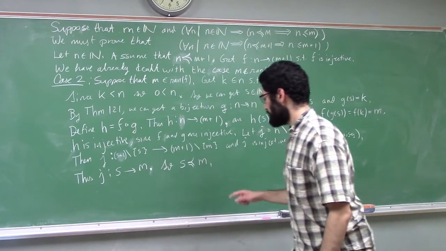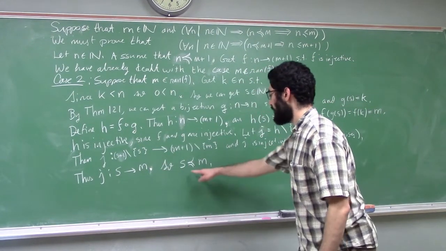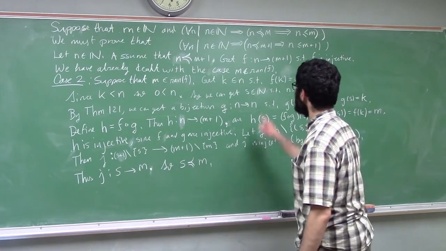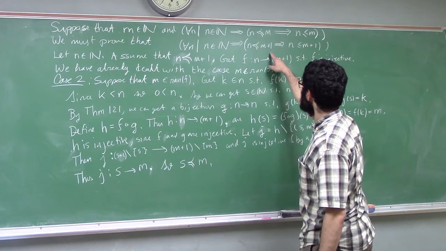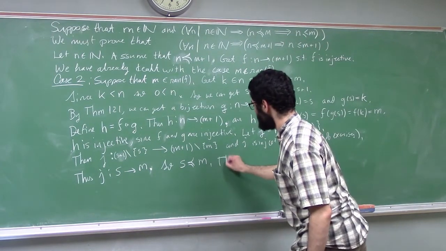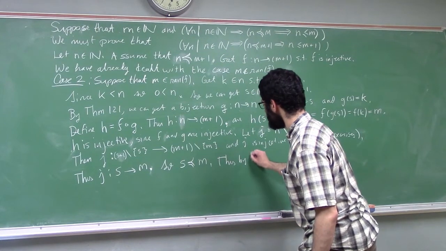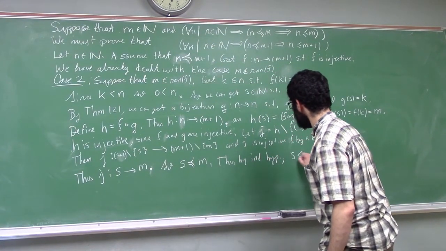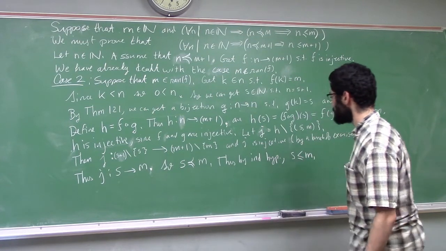Okay, so S has cardinality less than or equal to m. Therefore, S is less than or equal to m. Thus, finally, by the induction hypothesis, S is less than or equal to m as a natural number.